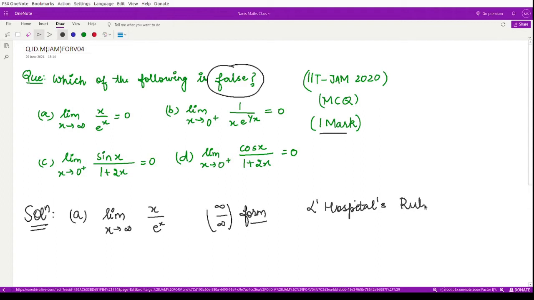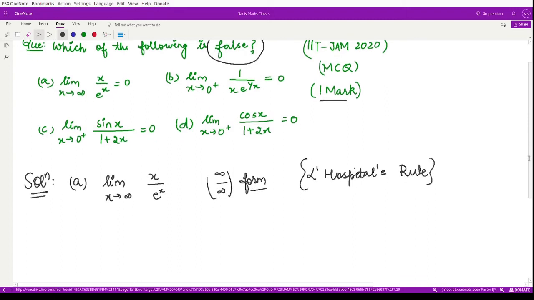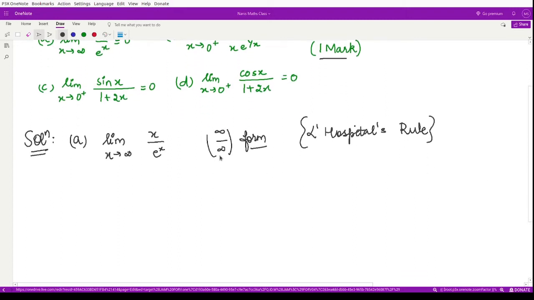Now what does this rule say? This rule says that whenever you have a limit defined in the form of either infinity by infinity or 0 by 0, then you take the derivative of the numerator separately. So when you differentiate x with respect to x, that would be 1, and you take the derivative of the denominator separately.